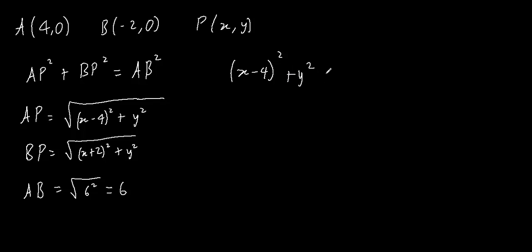Now I have plus this one, (x plus 2) all squared plus y squared. And that whole thing is equal to AB all squared, right? So that's equal to 36. Now what?